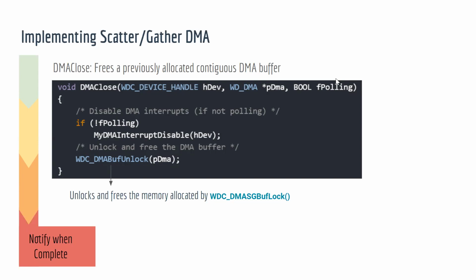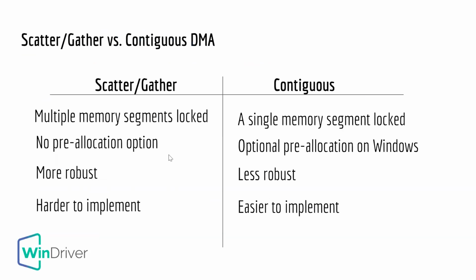And we have a flag that tells us the type of interrupt used. Sorry, the method used, if it's polling or interrupt. And as you can see, we disable the DMA interrupts and unlock and free the DMA buffer. So this was an overview of the XDMA sample.